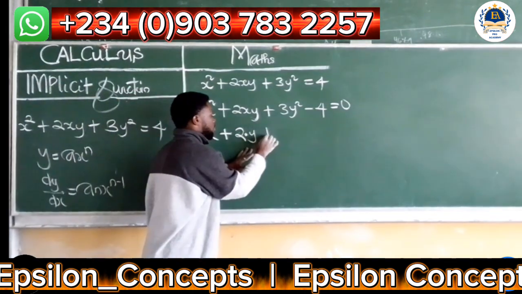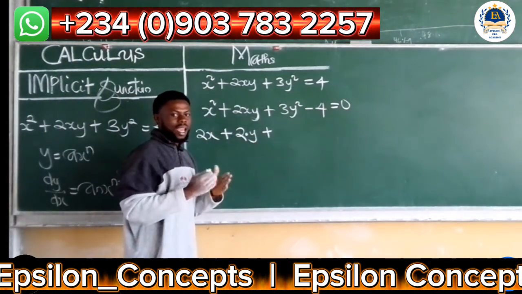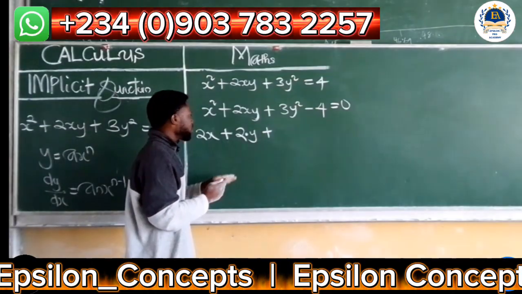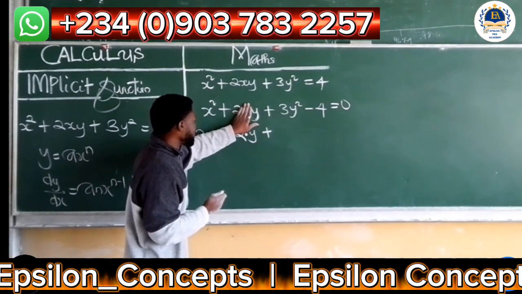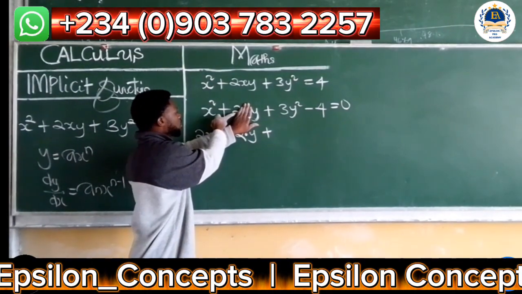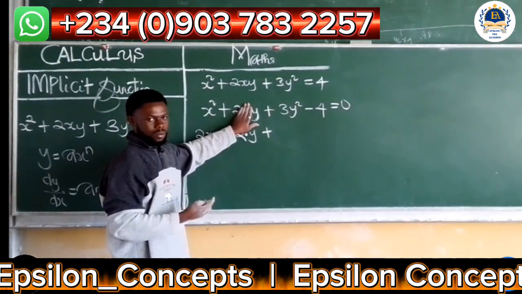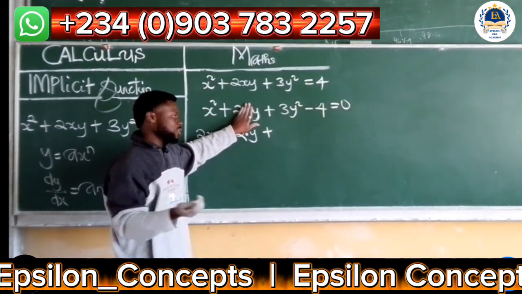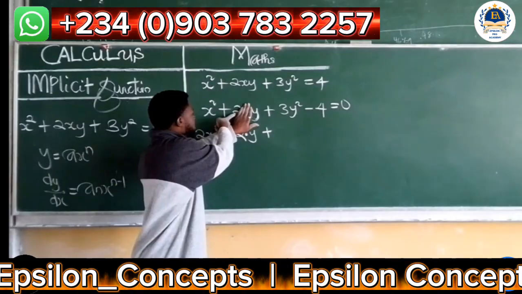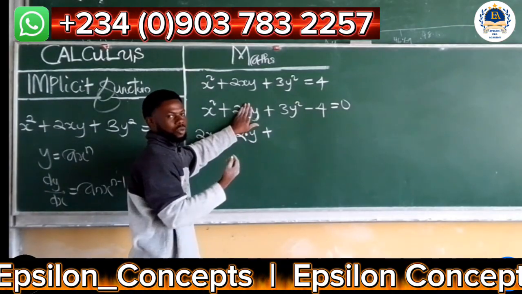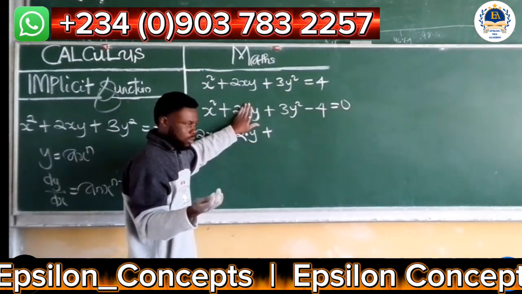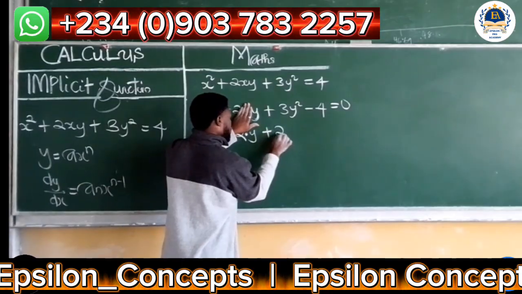Then plus. So assuming that x doesn't exist, if I cover this x, only 2 and y will be visible. So what is the derivation of what is visible? The derivation of this gives you 2. So we have 2.